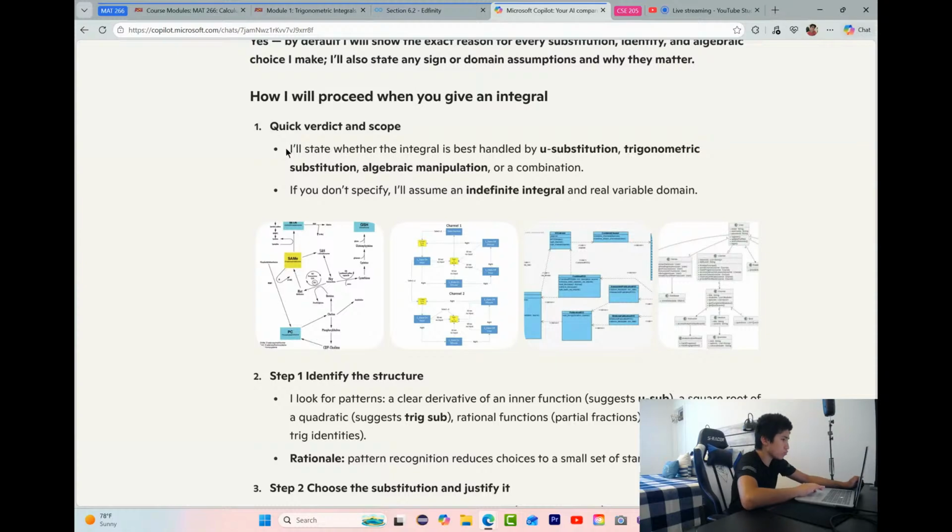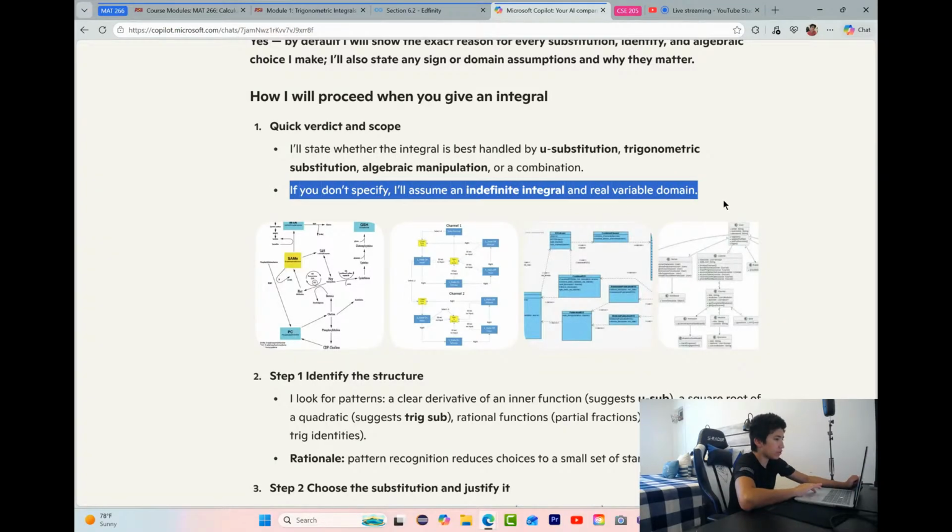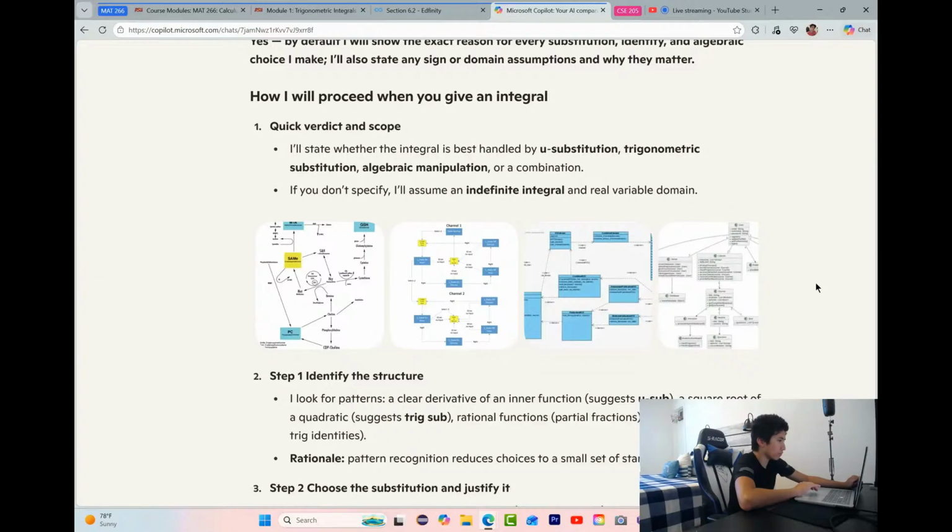So it's really important to understand why it is best to use substitution, trig substitution, or algebra for certain problems. If you don't specify, I'll assume an indefinite integral in a real variable domain. Gotcha. Okay.